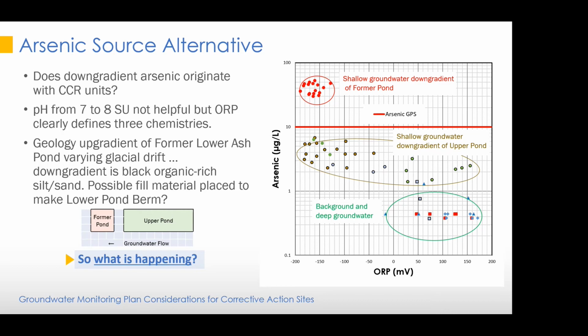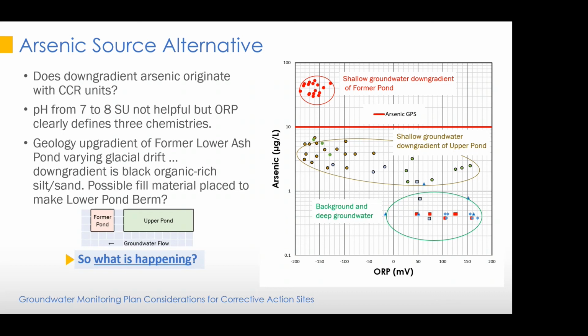And then we look at those monitoring wells that are down gradient of the upper pond. And you see a wide range of ORP. Some of them get very negative, but even the negative ones don't have arsenic in it. So all we're seeing is arsenic associated with that shallow groundwater down gradient to the former pond.